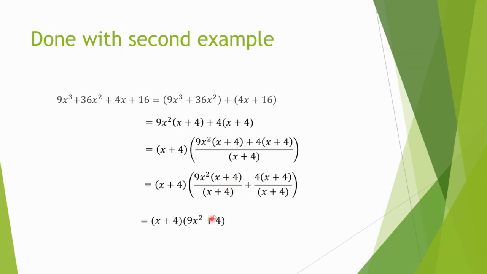These cancel. We have 9x squared. These cancel, and you're left with just 4. So we end up with this thing. And we have to stop here, not with the lecture, I mean, but with this problem, because you can't factor any further. So here we stop. Okay, so that's our factorization of this.